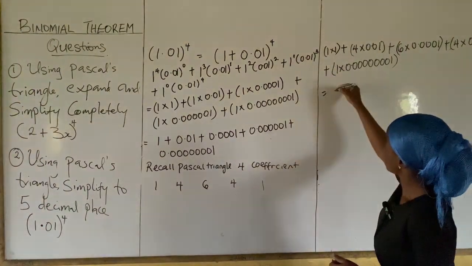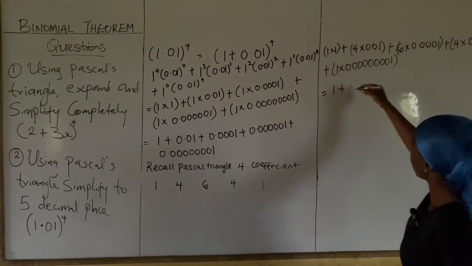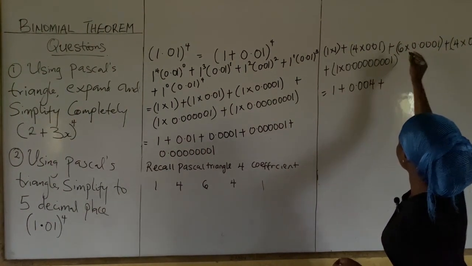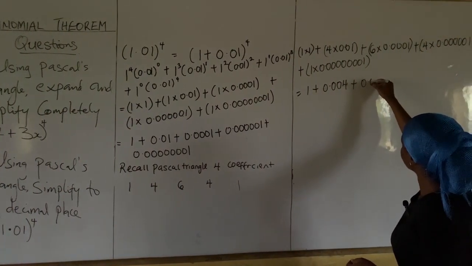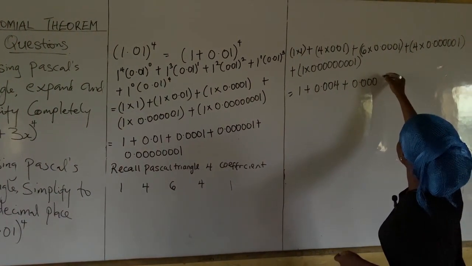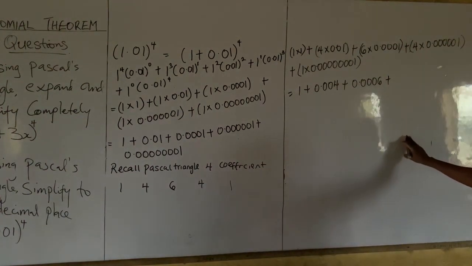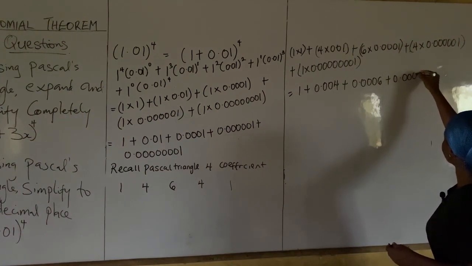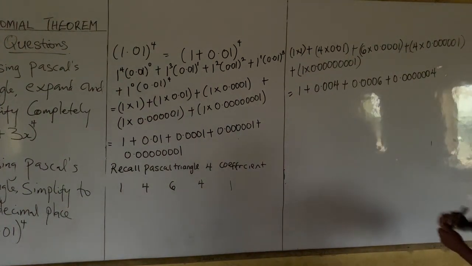So next one, 1 times 1, I'll be having 1 plus 4 times 0.01, I'll be having 0.04 plus the next one, 6 times 0.0001, I'll be having 0.0006 plus now 4 times 0.000001, I'll be having 0.000004. So you have to be very, very careful with those zeros.